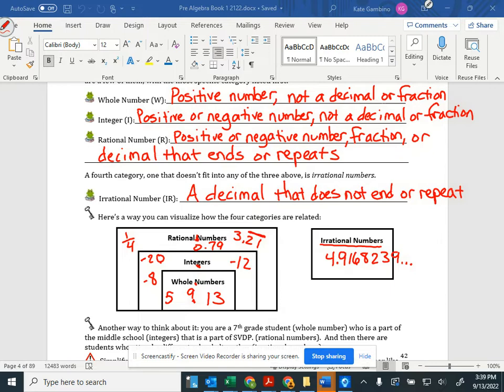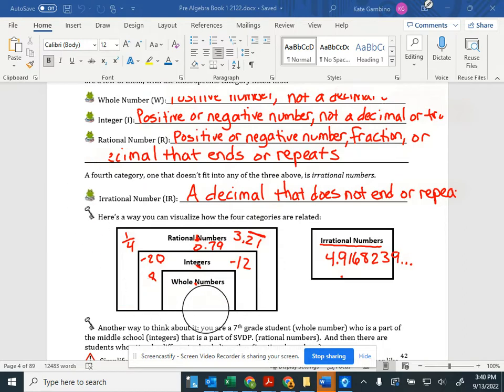If you're a kindergarten student, you would just be in St. Vincent de Paul School. You would not also be in the middle school and in 6th or 7th grade. And if you're somebody that attends a whole different school altogether, you go to Osseo Middle School, that would be the irrational number. That's off to the side, it's completely different.